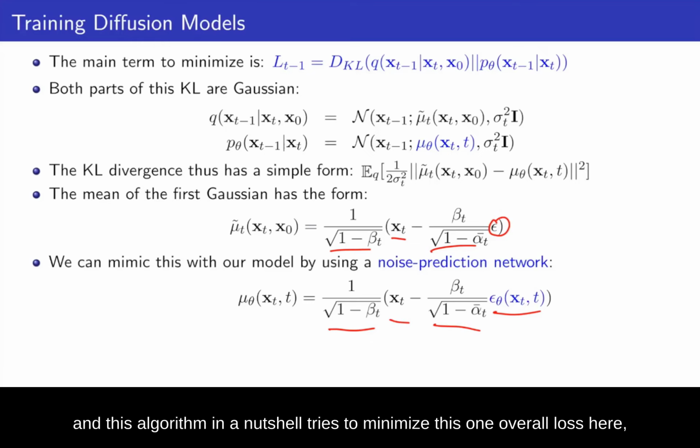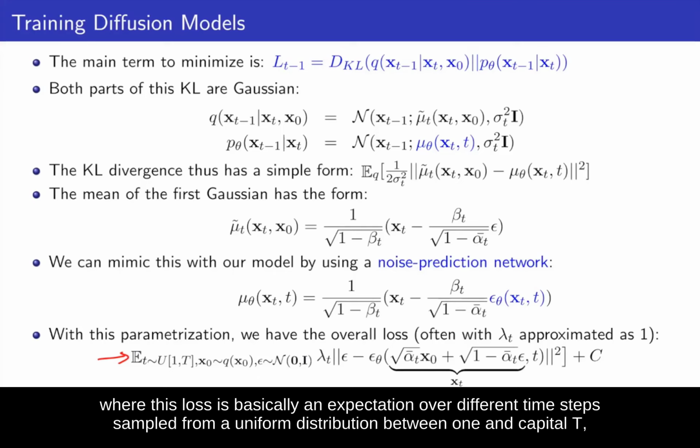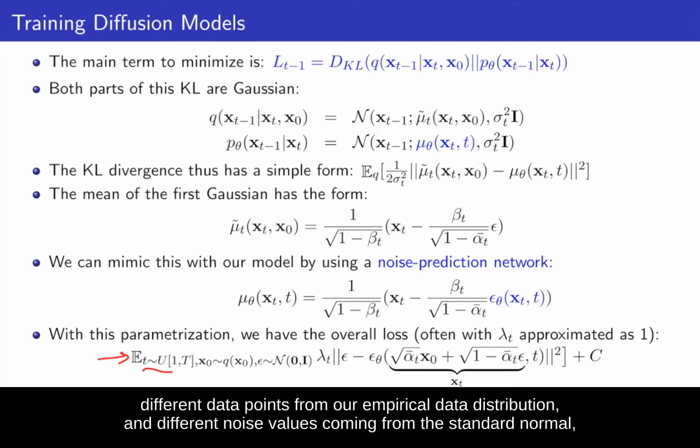And this algorithm, in a nutshell, tries to minimize this one overall loss here, where this loss is basically an expectation over different time steps sampled from a uniform distribution between 1 and capital T, different data points from our empirical data distribution, and different noise values coming from the standard normal.